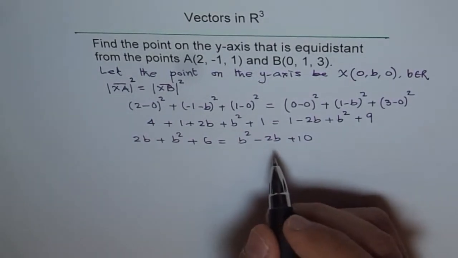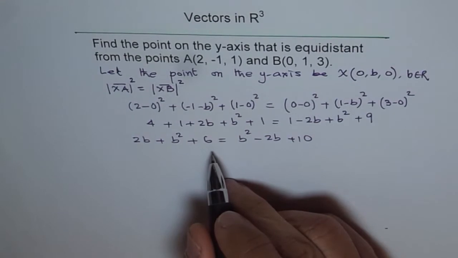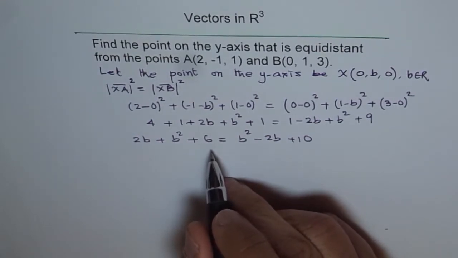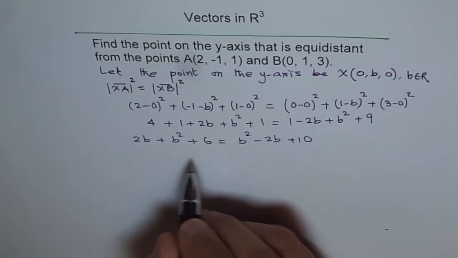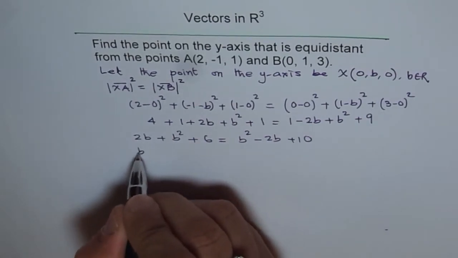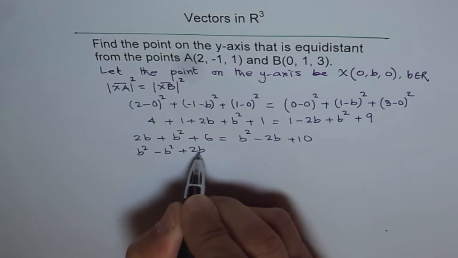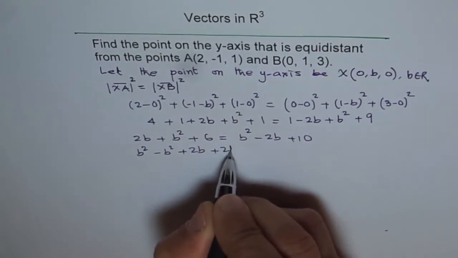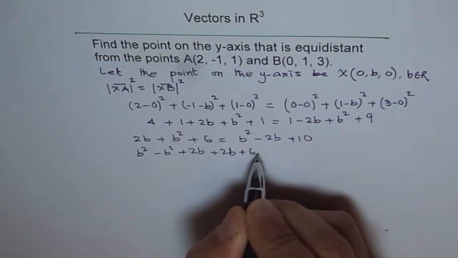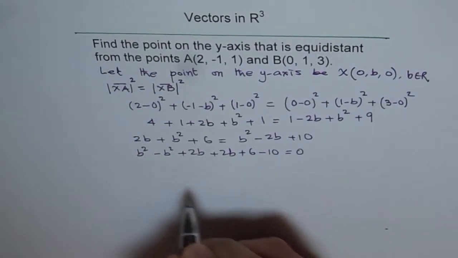Now we can combine like terms on the left side and then solve our equation. When we take all these terms to the left side, we get b square minus b square, plus 2b plus 2b, plus 6 minus 10 equals 0.